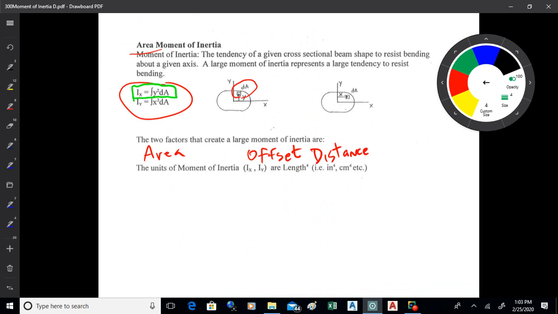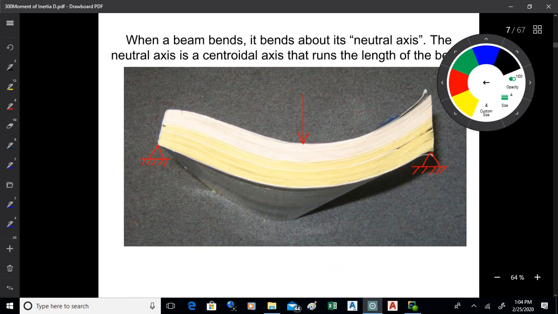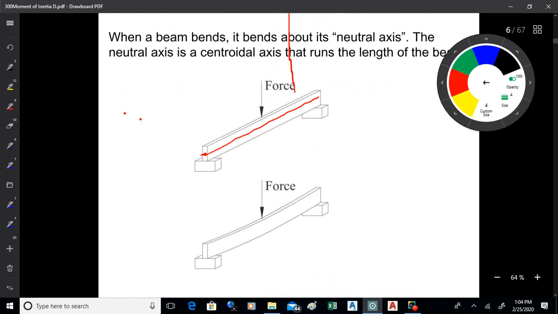And it's the sum, often expressed as an integral, of an area times the distance from the axis to the area squared. Then you break the shape up into a bunch of little areas and sum those up. And what this quantity does, again, is express how well a shape would resist bending.